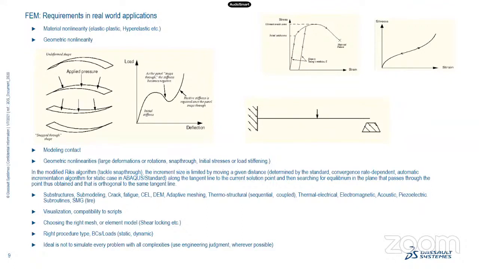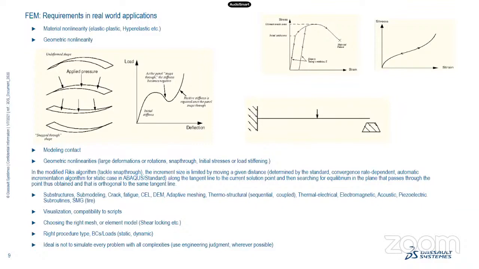Submodeling is like this: we have a big model, for example a complete fuselage analysis, but we don't need the complete analysis with a refined mesh. Our focus is only a small area, for example a particular stiffened structure. So we can do the complete analysis with a coarse mesh and do the submodeling for that particular area where we need focus.